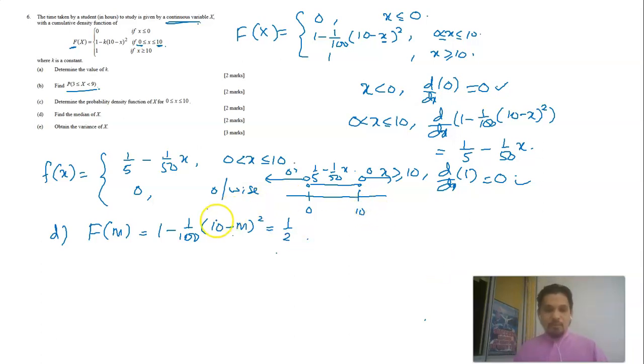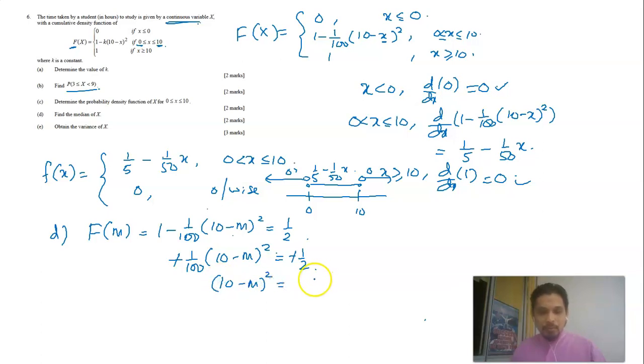So from here now, bring this 1 to the other side: negative 1 over 100 times (10 minus m) squared equal to negative half, since half minus 1 equals negative 1 over 2. Multiply negative left and right, it gives you 1 over 100 times (10 minus m) squared equal to 1 over 2. And then multiply by 100 left and right, so we get (10 minus m) squared equal to 50.